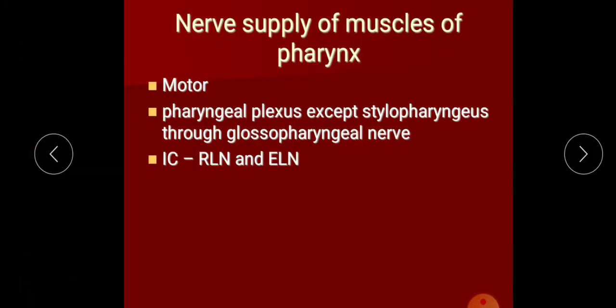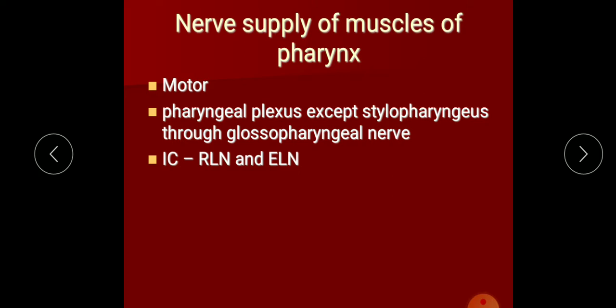So now we come to the nerve supply of the muscles of pharynx. So we are talking about the motor supply of the muscles of pharynx. So always remember this statement. All the muscles of the pharynx are supplied by the pharyngeal plexus except stylopharyngeus, which is supplied by the glossopharyngeal nerve.